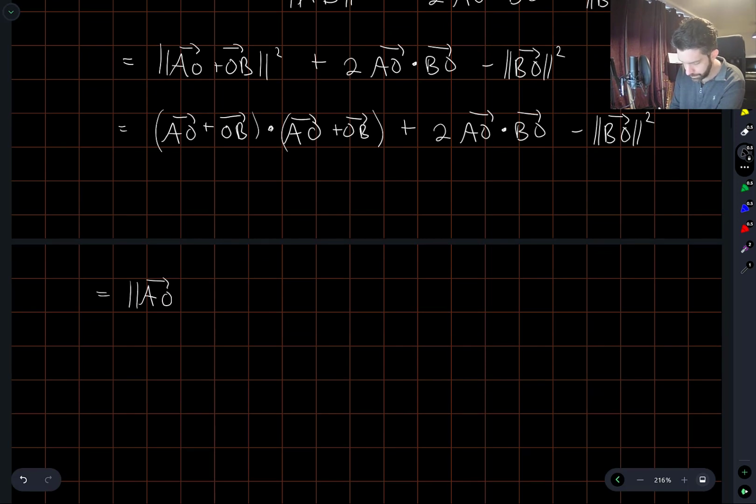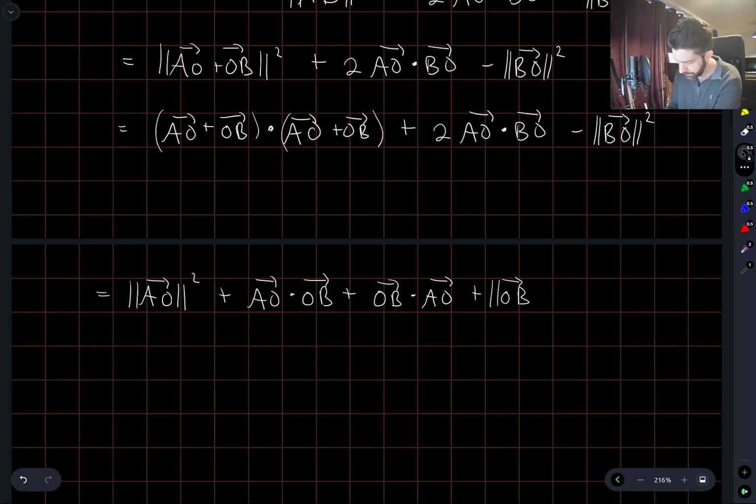This gives me AO squared plus AO dot OB plus OB dot AO plus OB magnitude squared. And then I have these terms left over: 2 AO dot OB minus magnitude BO squared.